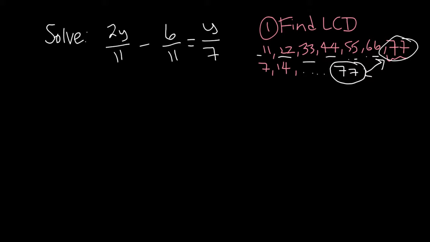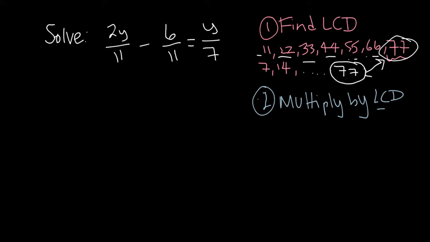So when those line up, we're going to multiply by that number, which in this case is 77. What this is going to do is it's going to clear out the fractions in the equation.